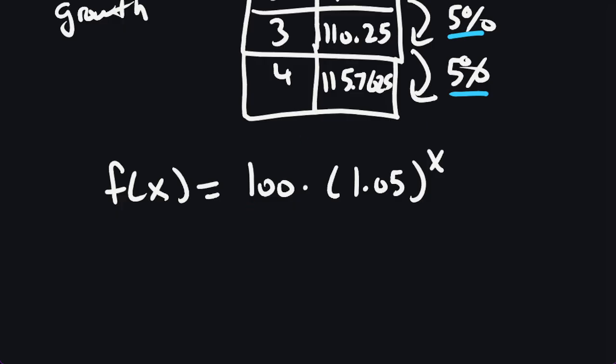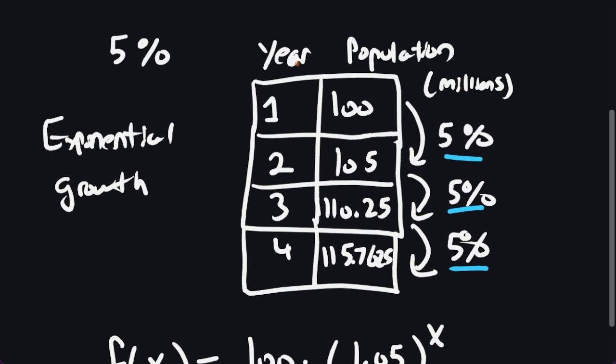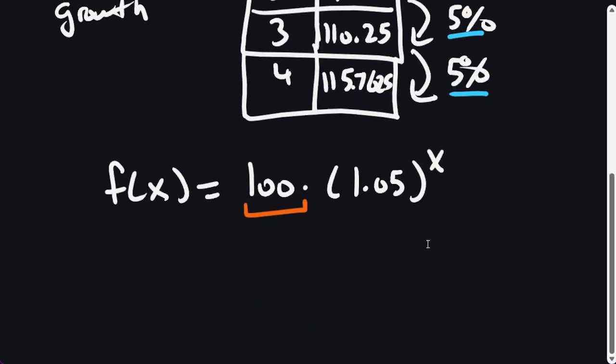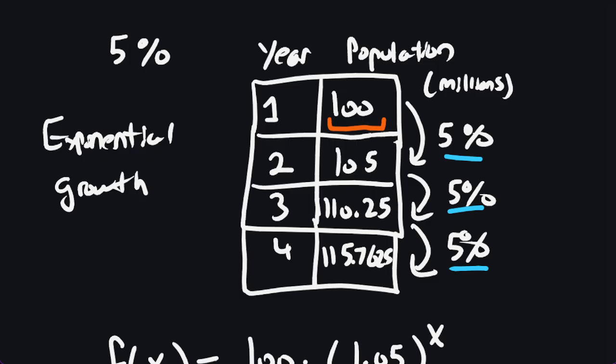And right here, you might notice a few things about this function. First, we have this 100 right here, and 100 is what we started with. In year 1, we had a population of 100, so 100 was the base. That's what we started with. And then notice we increased by 5% each year.